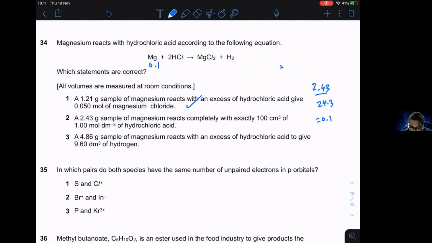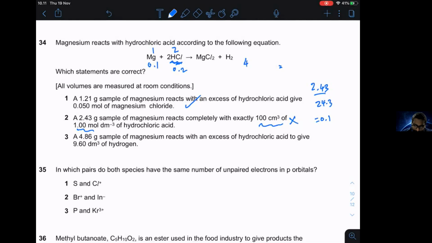The sample reacts completely with a certain number of moles of HCl, so they must react with 0.1 mole of magnesium, and 1 mole reacts with 2, so they must react with 0.2 moles of HCl. When I see 100 times 1 divided by 1000, that's not 0.2, so this one is wrong.